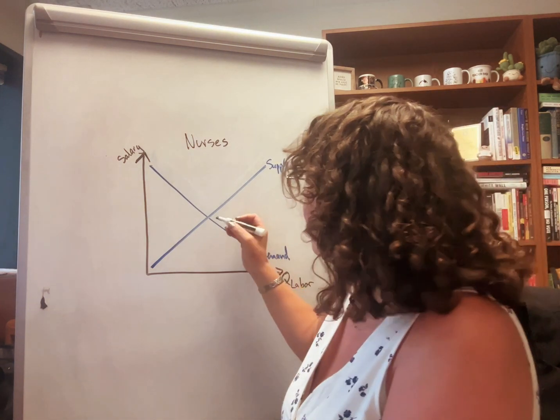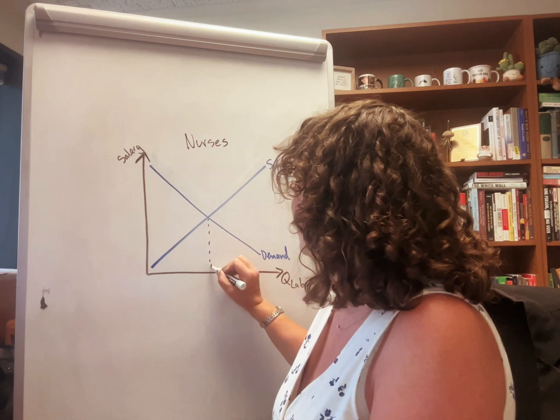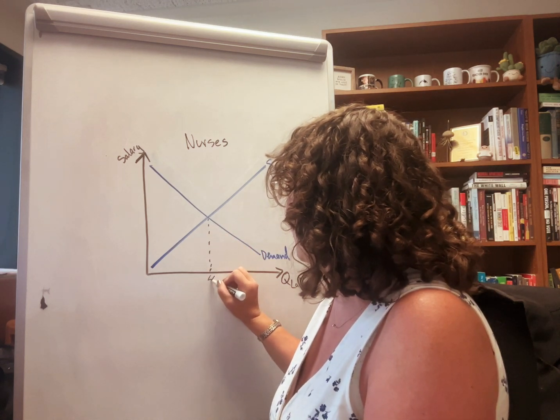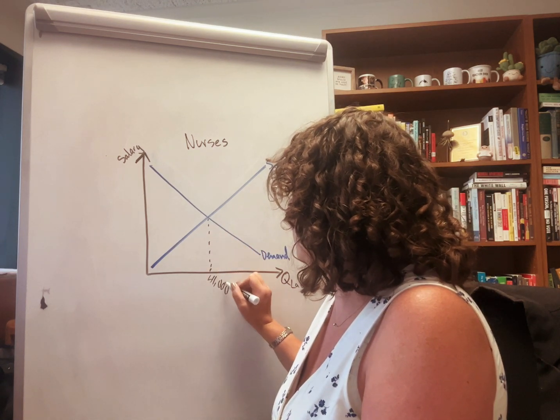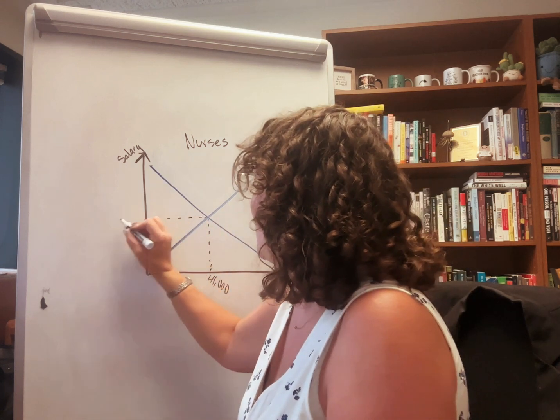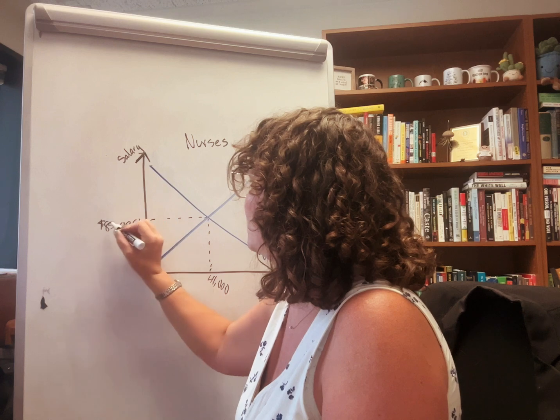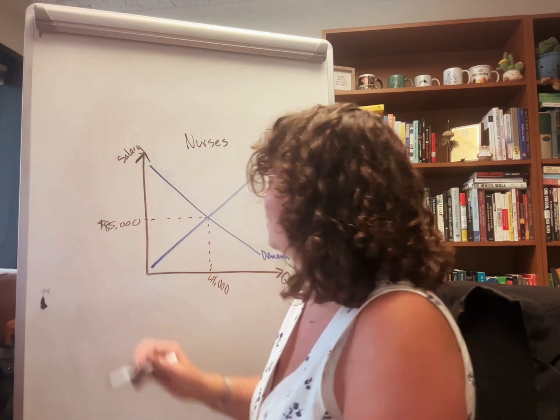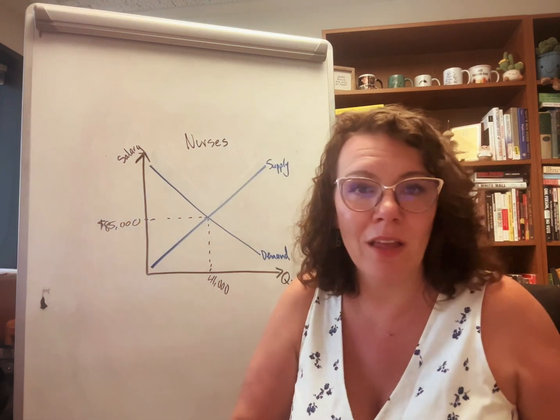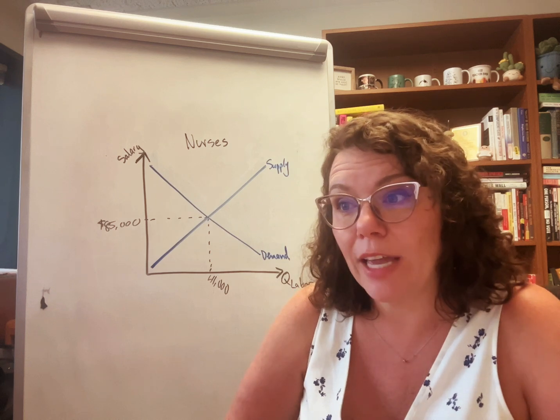And we want to go back to our initial equilibrium where we had 41,000 workers and an equilibrium salary of $85,000. Hopefully that's kind of legible. Here we go.